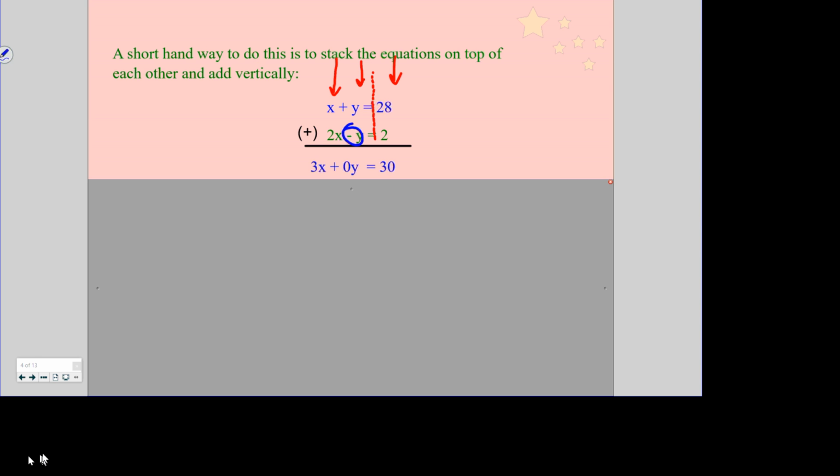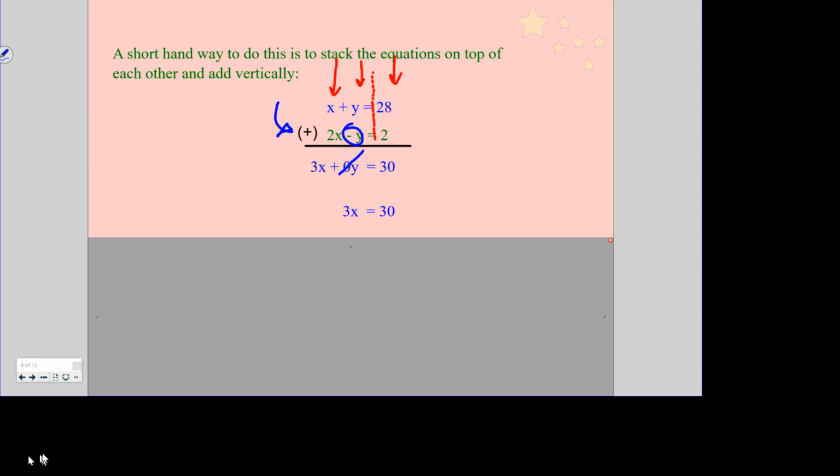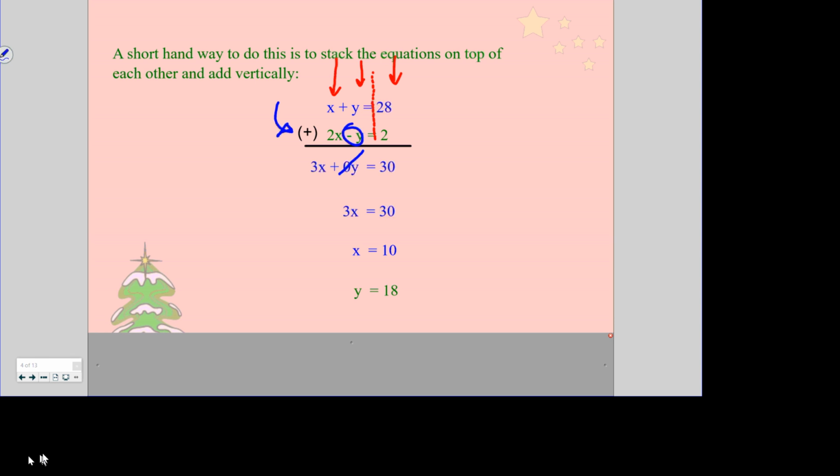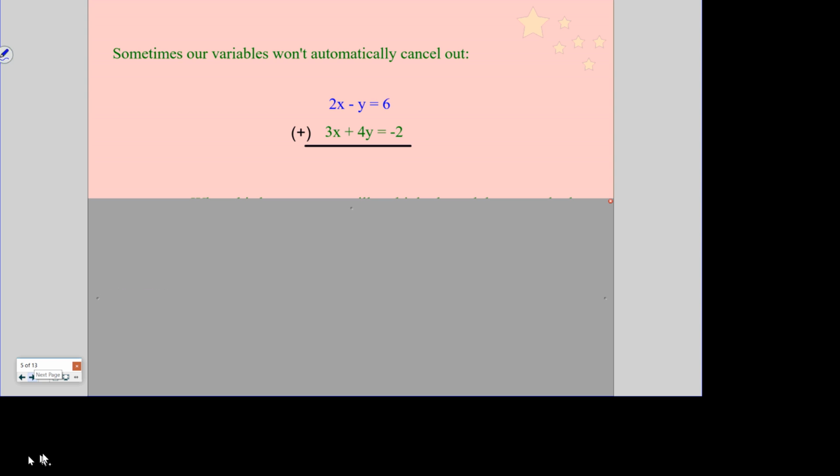So I wrote 0y here, but hopefully you know that that would go away. What's important is also that you indicate that we are adding these equations so that visually you have that as your reminder that we're adding each of these columns. Again, leaving us with 3x equals 30, divide both sides by 3, x equals 10, and then you use the x equals 10 back in an original equation, solve for the y to be 18. So this is how we're going to be setting them up today, is stacking vertically.